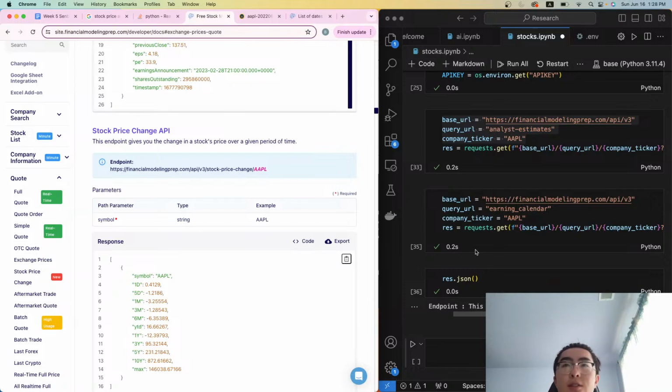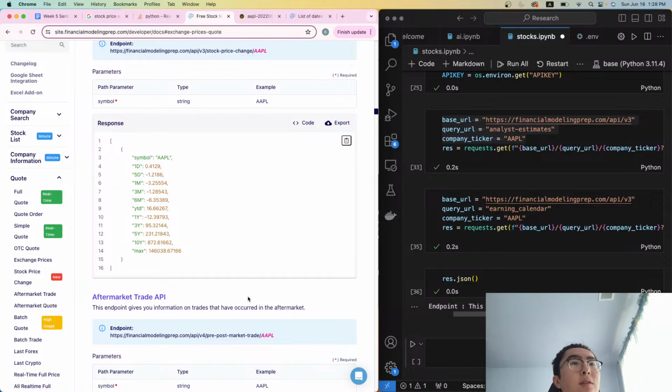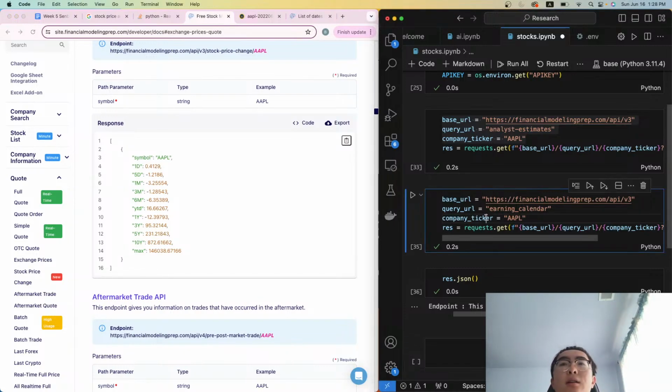So is this percentage change? It's change over given. Okay, let's take a look then.